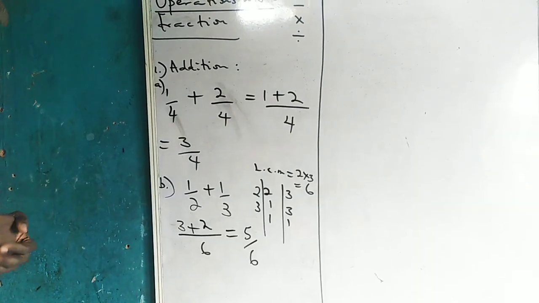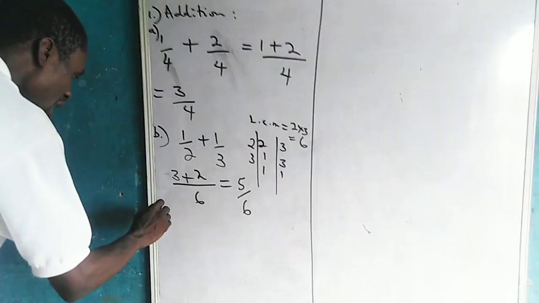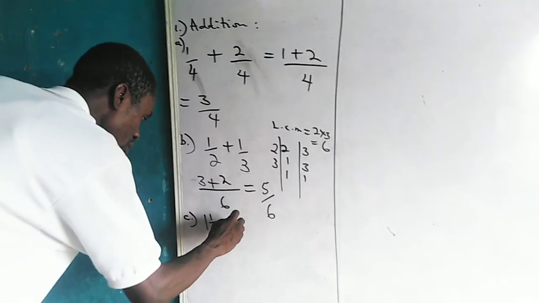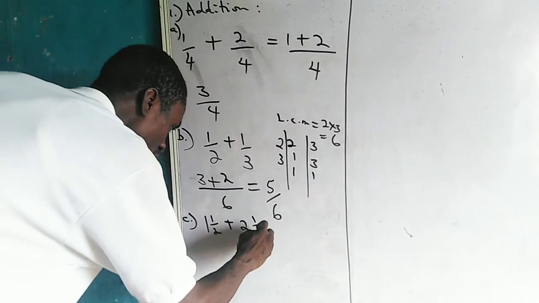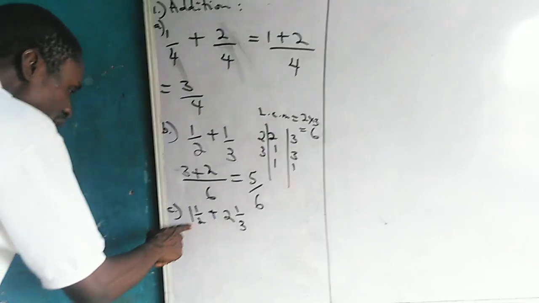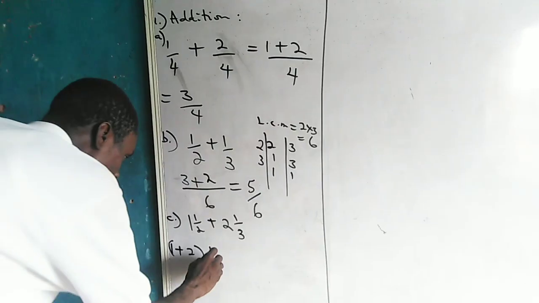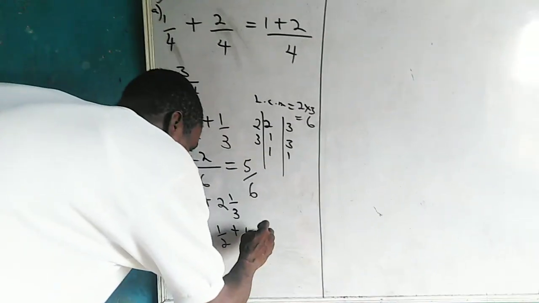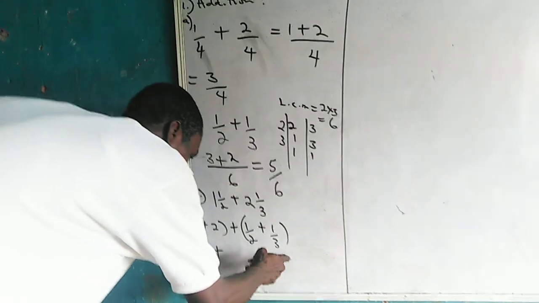This is under addition. Then the third case under addition, let's say I have 1 whole number 1 over 2 plus 2 whole number 1 over 3. For this, these are the whole numbers, so I'll just say 1 plus 2, plus 1 over 2 plus 1 over 3. 1 plus 2 is 3, plus the LCM of 2 and 3, which is 6.